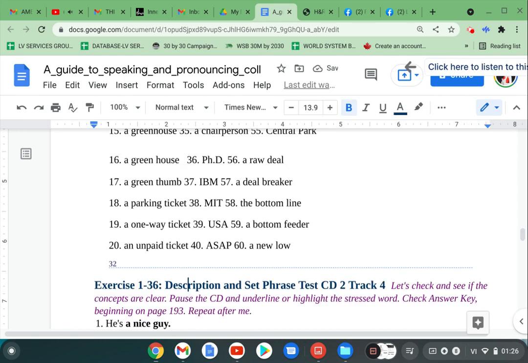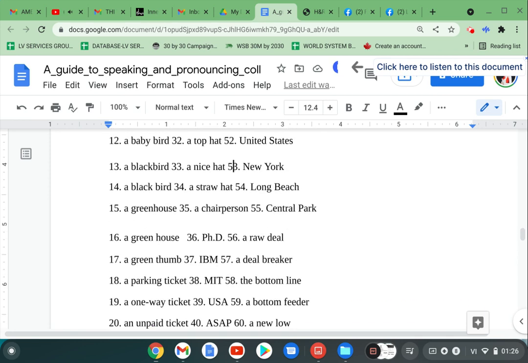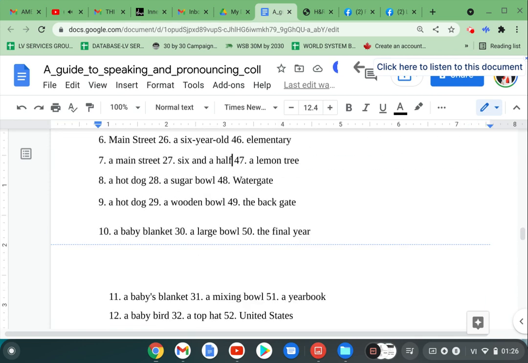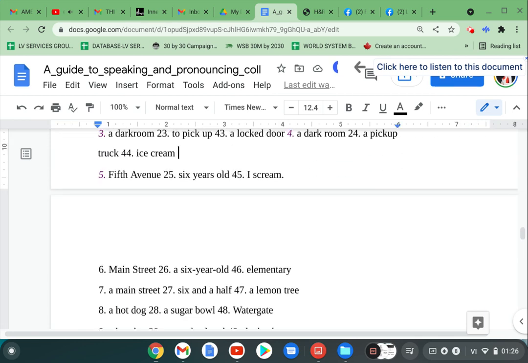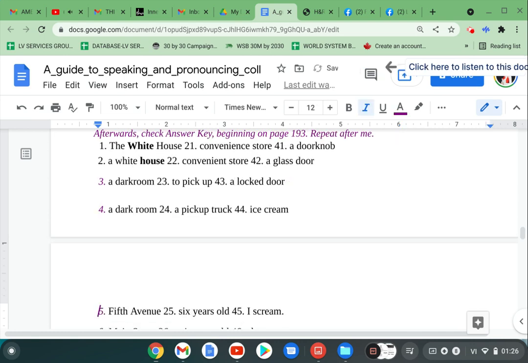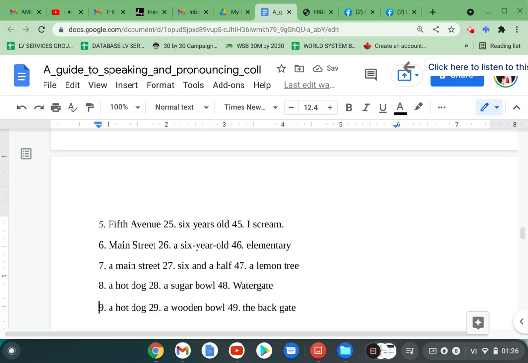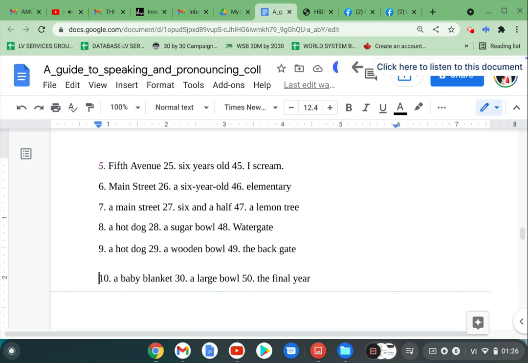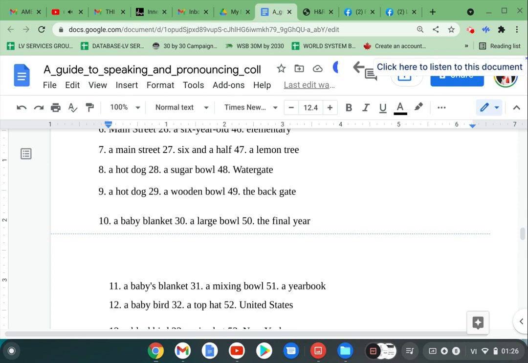A glass door. 43. A locked door. 44. Ice cream. 45. Ice cream. 46. Elementary. 47. A lemon tree. 48. Watergate. 49. The back gate. 50. The final year. 51. A yearbook.